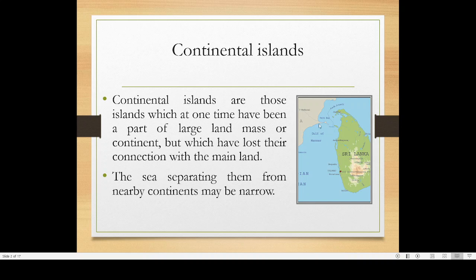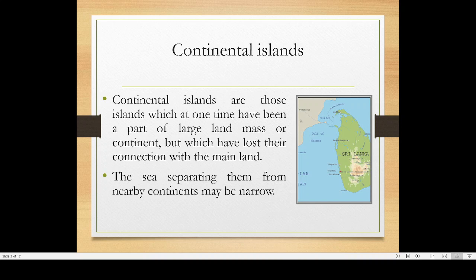Now if we look at this, there is a series of small islands here, mostly formed of rocks, and this stretch is known as the Palk Strait. Once this Palk Strait was fully above the water, India and Sri Lanka were connected by this land bridge.